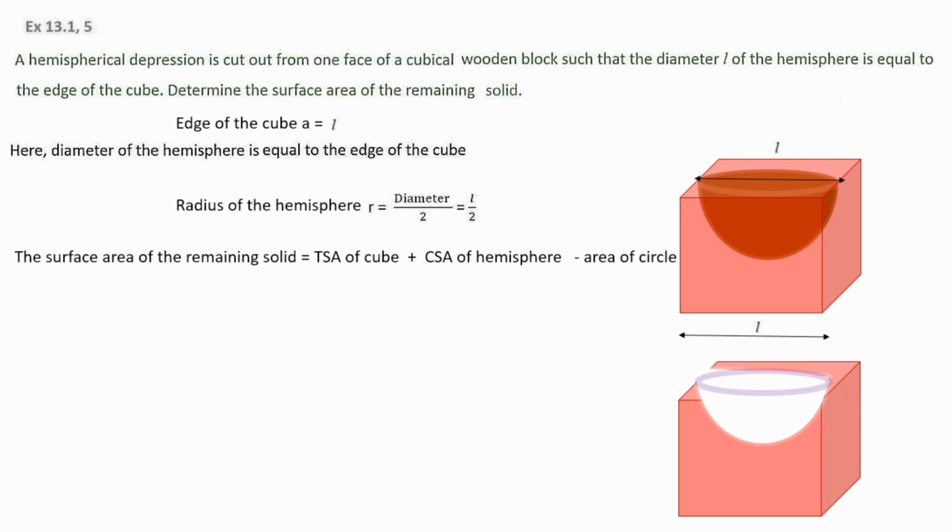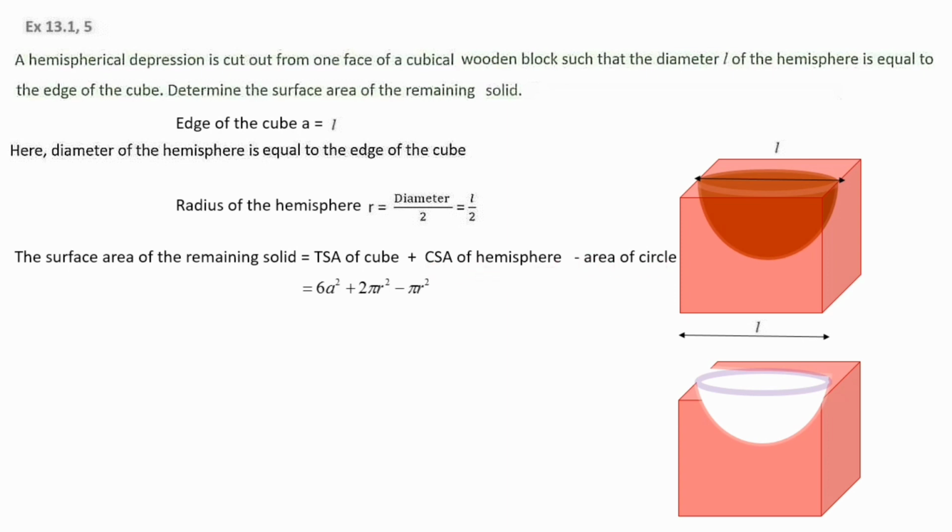So minus the area of the circle. But remember, this portion is visible because it is visible in depth, just like how you are scooping out ice cream from the box. So this portion is visible for us, but the circle is not available there. That's why plus CSA of hemisphere minus area of circle.